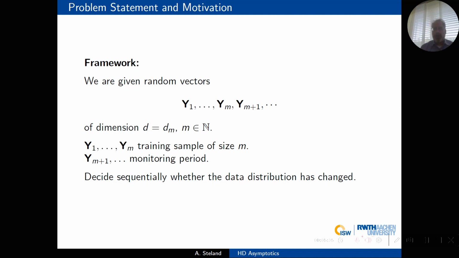The first M observations are the training sample of size M. And after the training sample, starting at the index M plus 1, the monitoring procedure, so real life, begins. There you apply, for example, your regression predictions using a method which is trained by using the training sample.